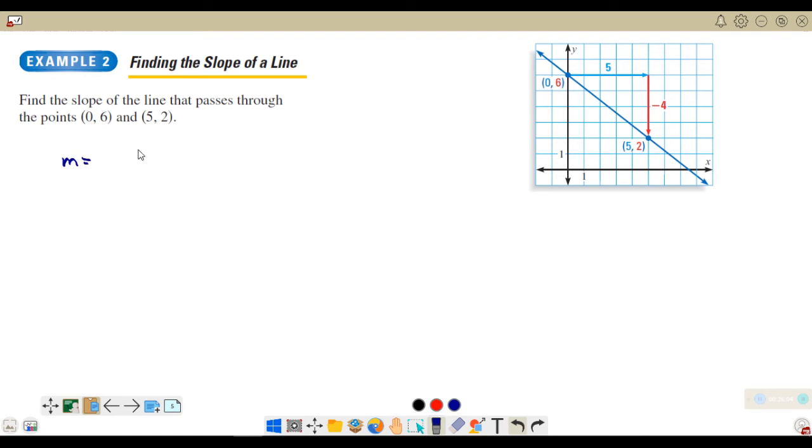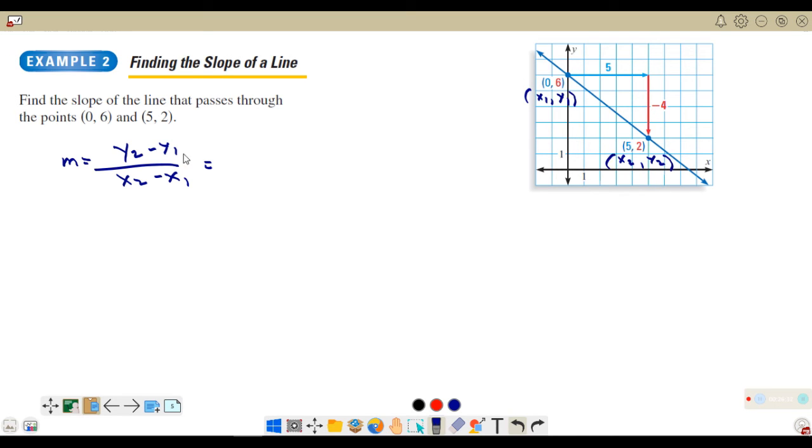Let's write here our formula: y sub 2 minus y sub 1 over x sub 2 minus x sub 1. Let's choose our x sub 1, y sub 1, and x sub 2, y sub 2. Halimbawa, ito yung gusto natin maging x sub 1, y sub 1, tapos ito yung x sub 2, y sub 2.